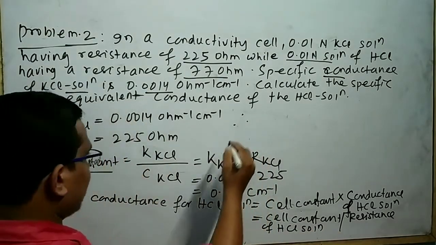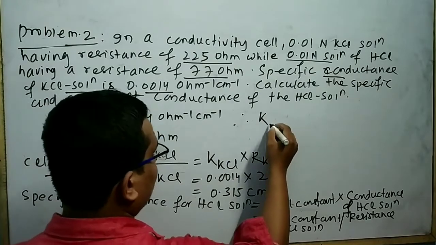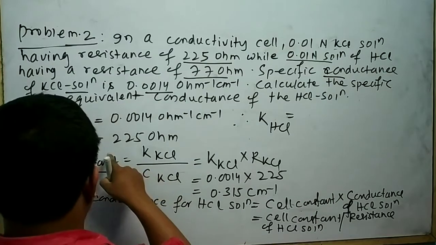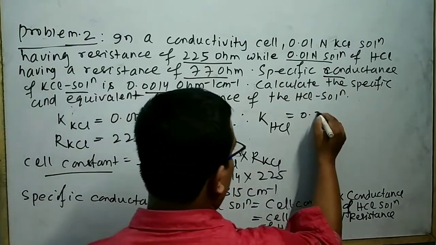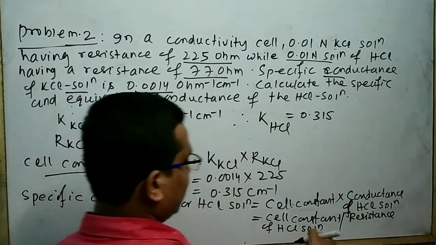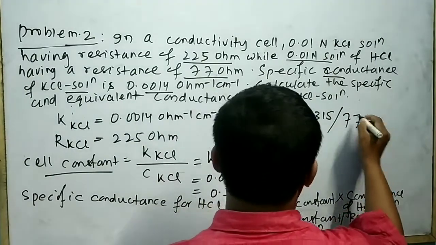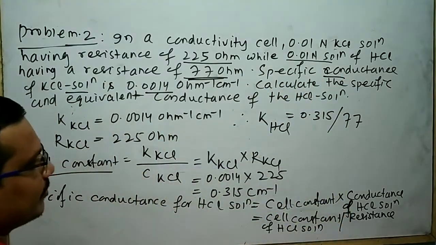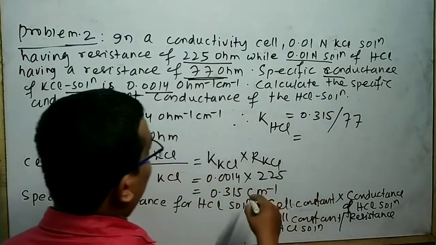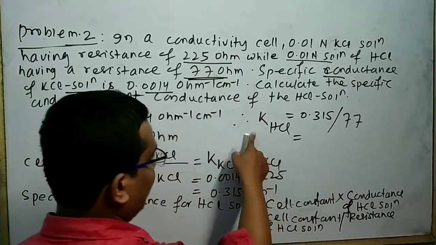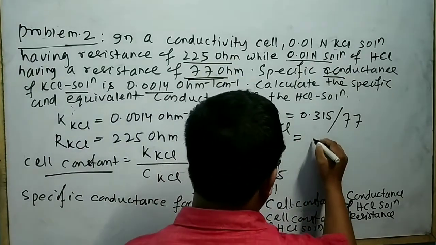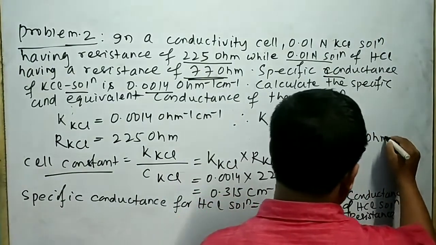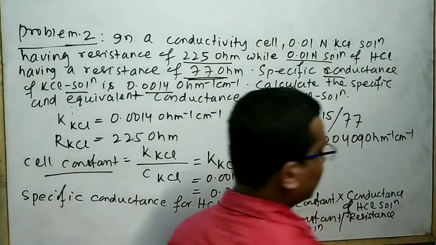The cell constant is equal to 0.315, resistance equal to 77. Here 77 is the resistance for HCl solution. By solving, I can write the specific conductance for HCl solution equal to 0.00409 ohm inverse centimeter inverse.